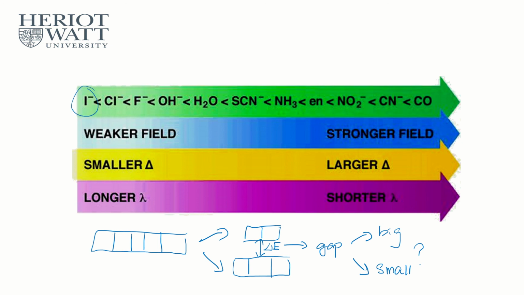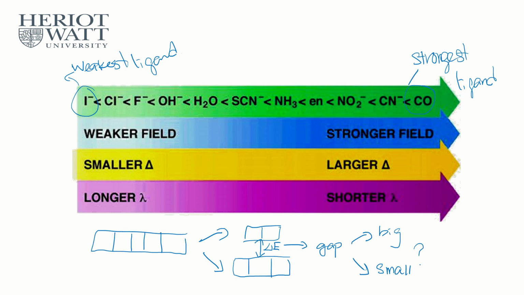Iodide is the weakest ligand, and the stronger field, carbonyl, is the strongest ligand. Okay, now what is the purpose of learning these strong and weak ligands?